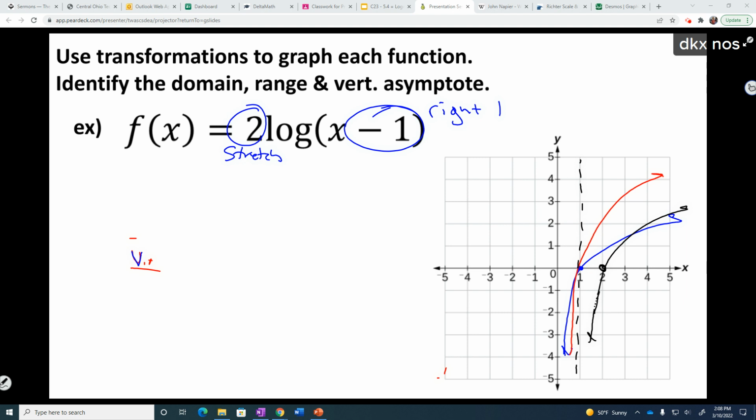And then for the domain, since we moved it to the right one, the domain shifts to the right one. Now it's 1 to infinity. Range is always all reals. And then the vertical asymptote is at x equals 1.